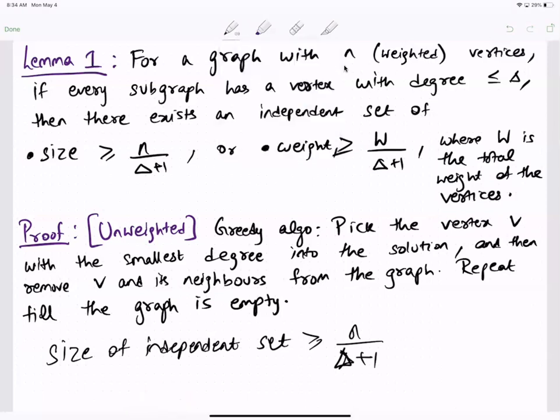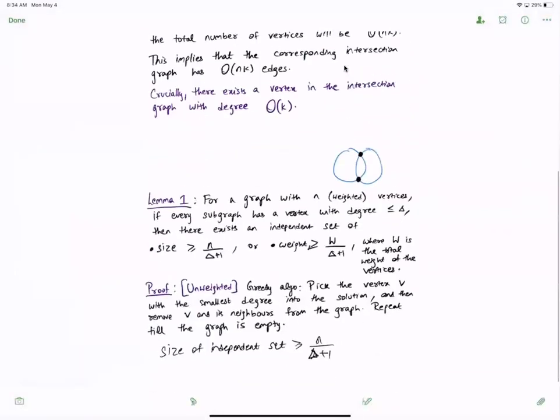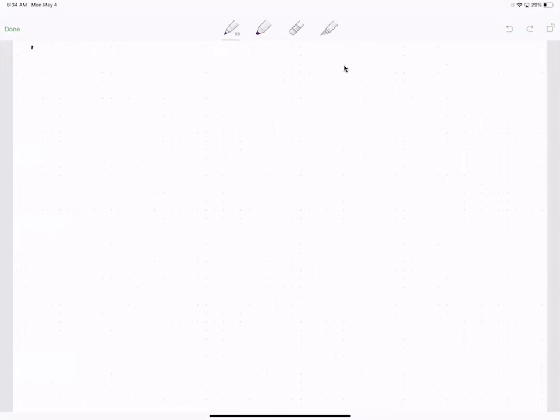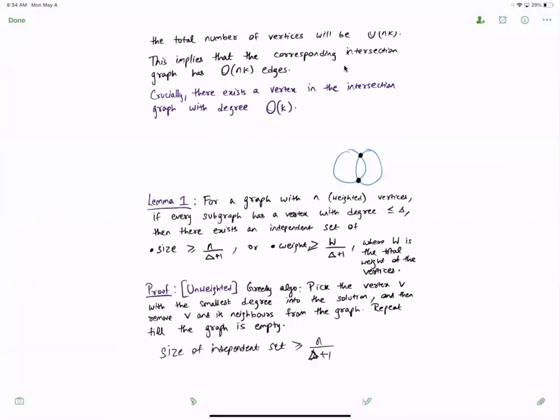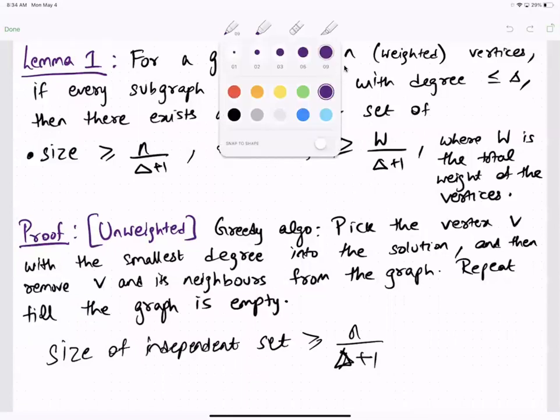Okay, so a slightly more interesting case is the weighted case. By the way, it might be a good exercise to understand that this algorithm will not actually work for the weighted case. So you should try to figure that out.